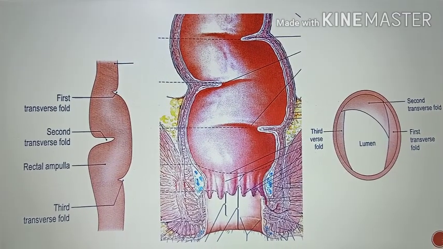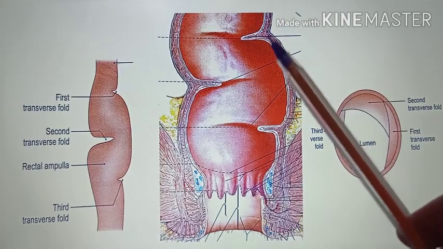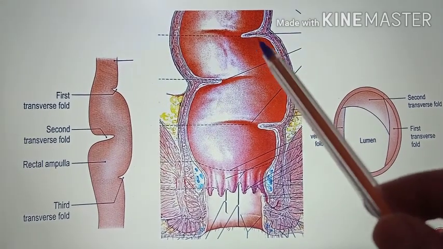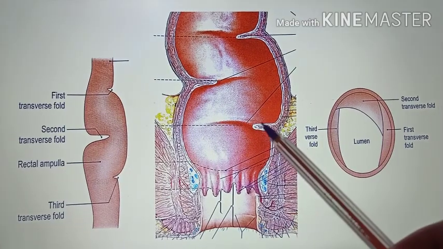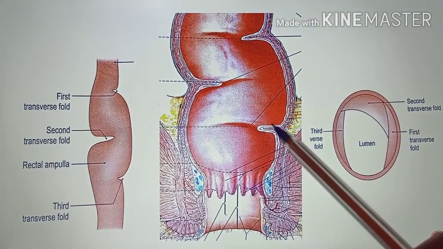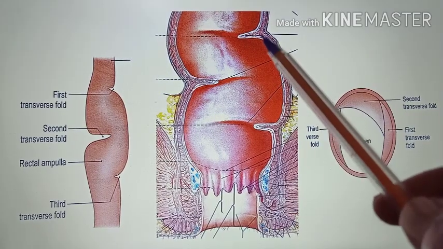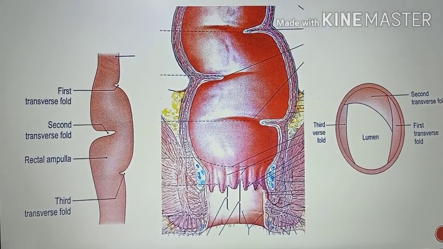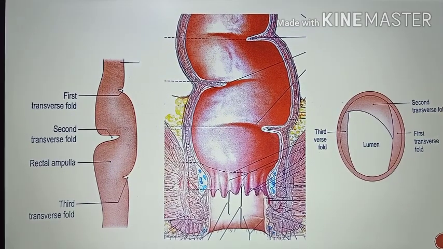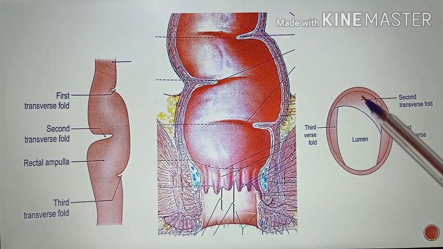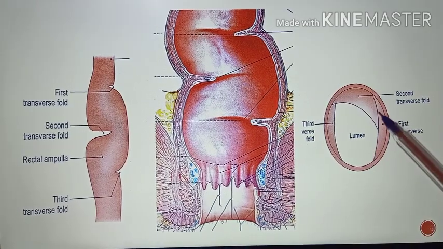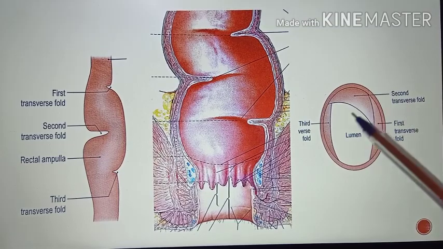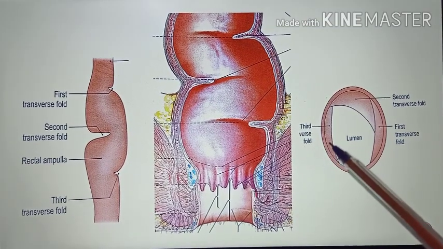As of now, just remember the first and second walls are constant, whereas the third wall is inconstant, and another wall can be present in between the first and the second wall, which would also be inconstant. This picture is just a diagrammatic representation showing the first wall, second wall as well as the third wall.